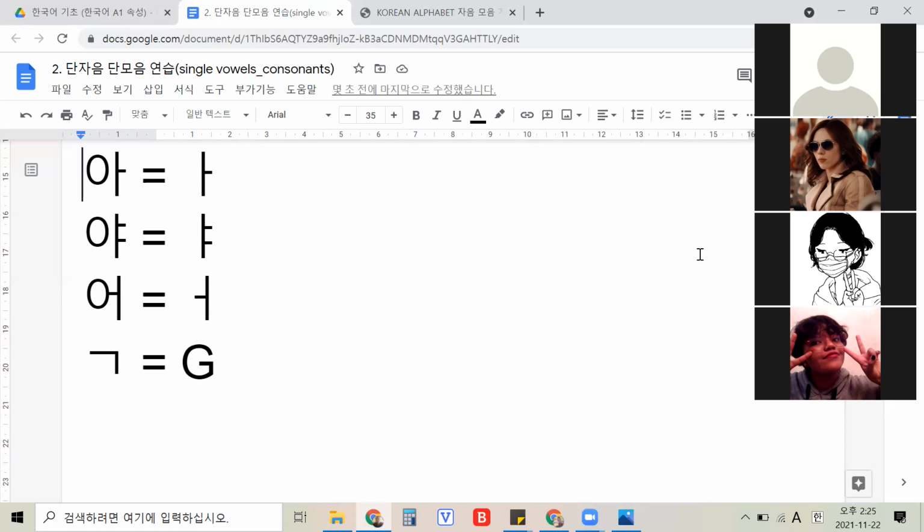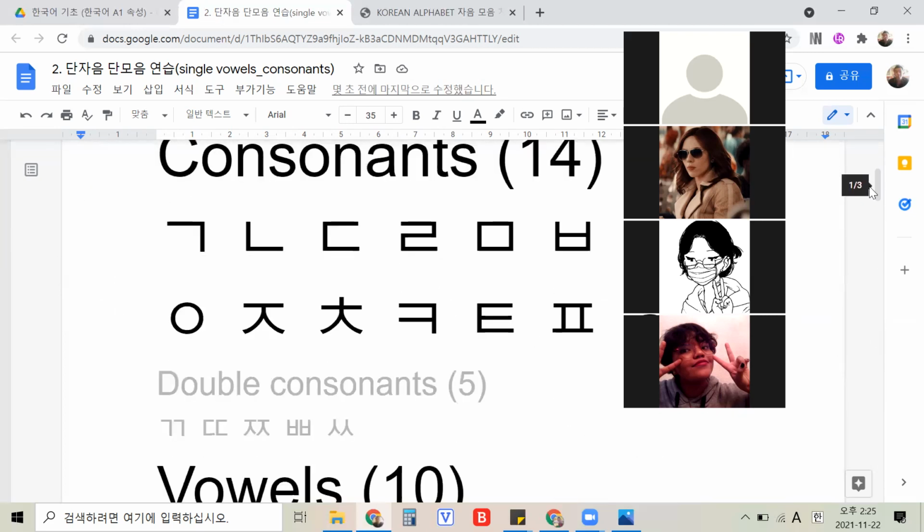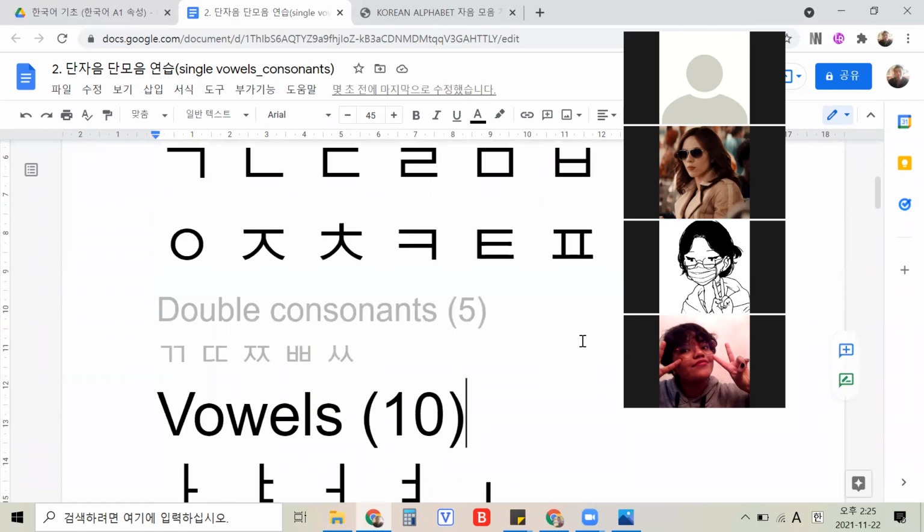Which means, for reading a Korean syllable, instead of this O consonant, this circle consonant, you just put the rest of them. How simple it is. How simple.